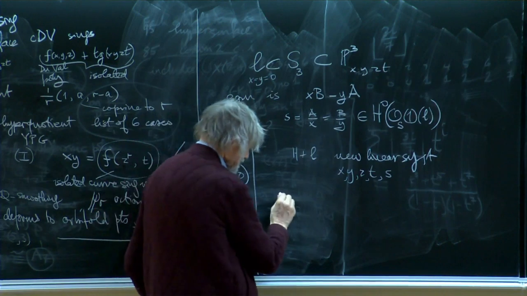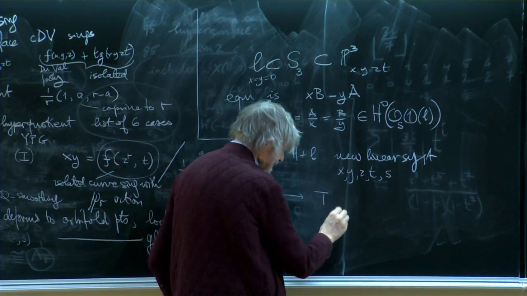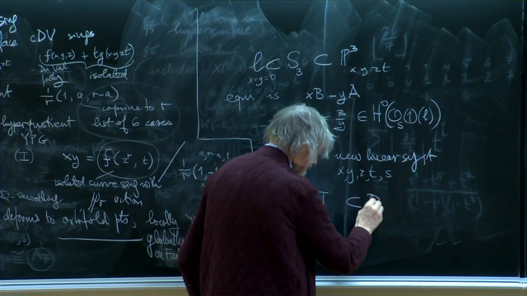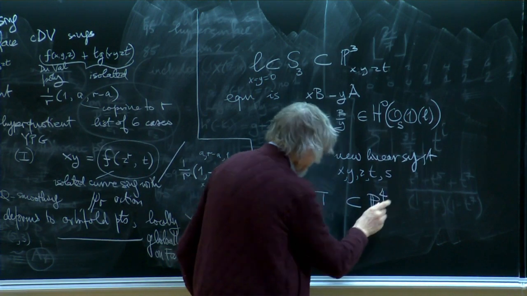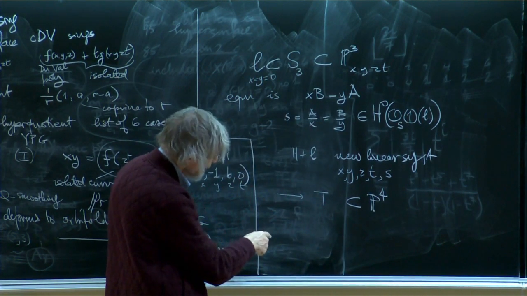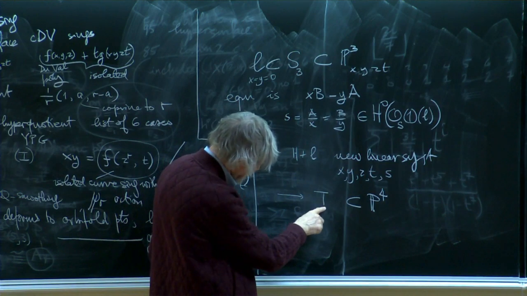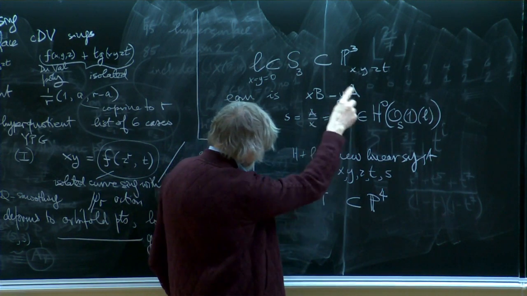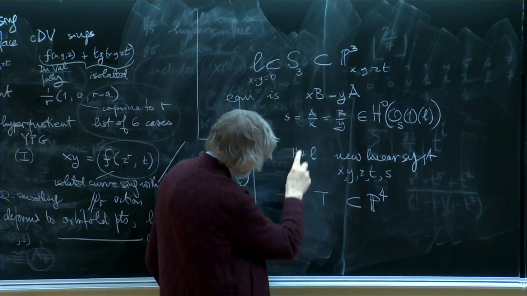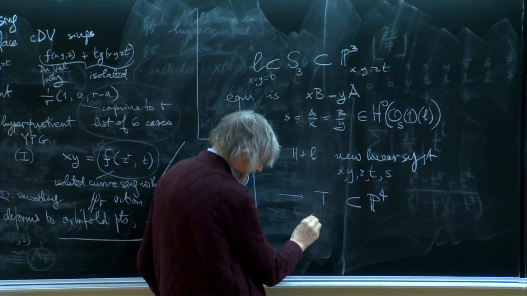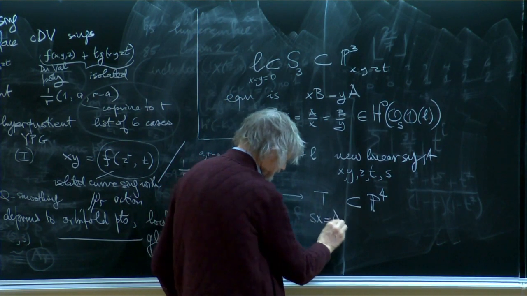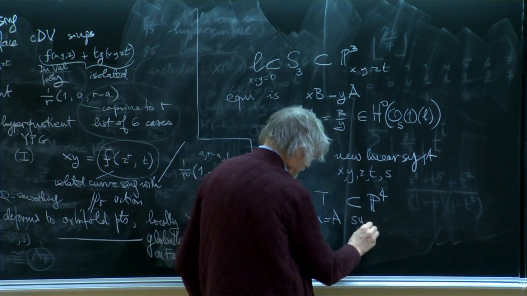Yes, and that maps me to T in P4. And also we know the equations. The equations satisfied by T are the old equation satisfied by S, and two new equations, namely Sx equals A and Sy equals B.